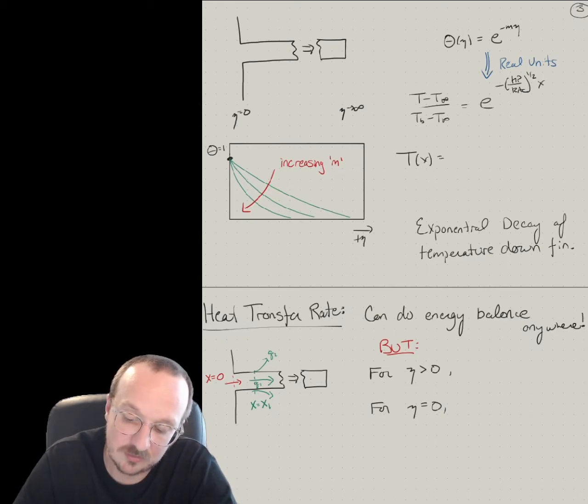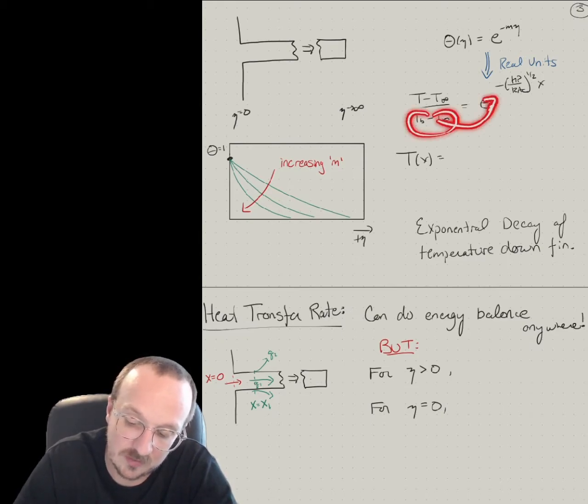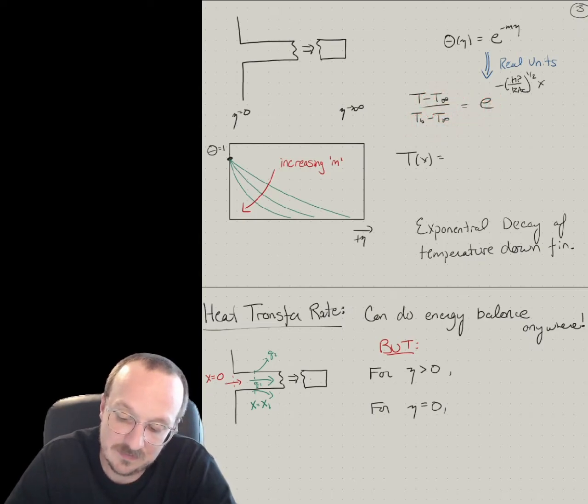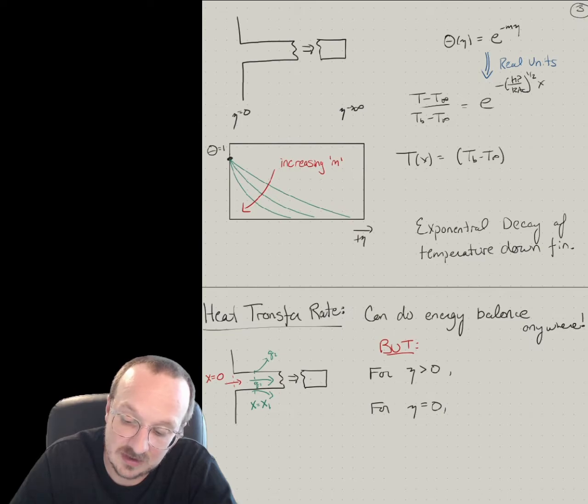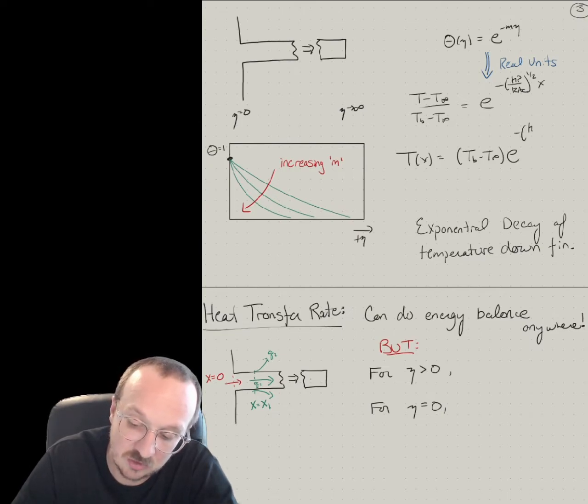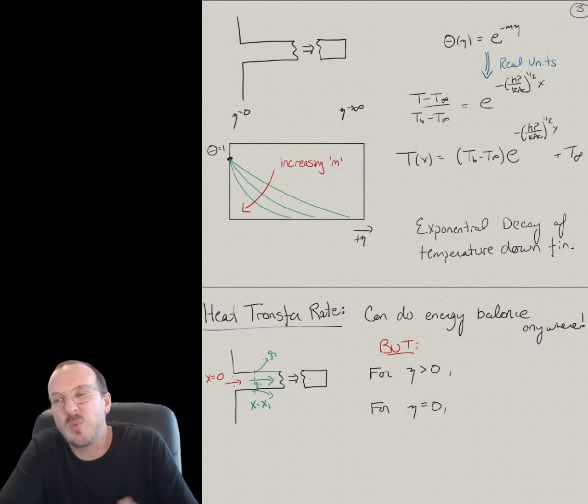Let's rearrange this, solve for T of x. So we need to multiply this over and then add T infinity. T of x equals T base minus T infinity times e to the minus HP over KAC to the 1/2 x plus T infinity.